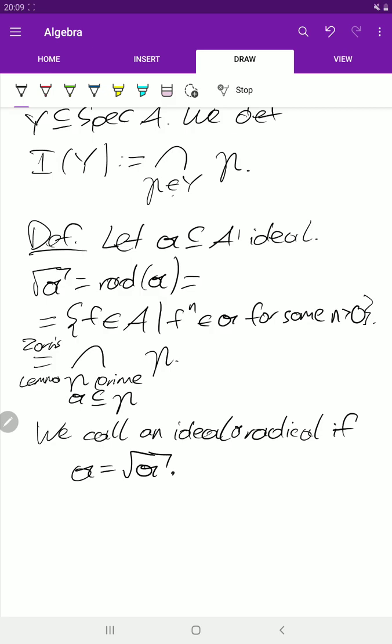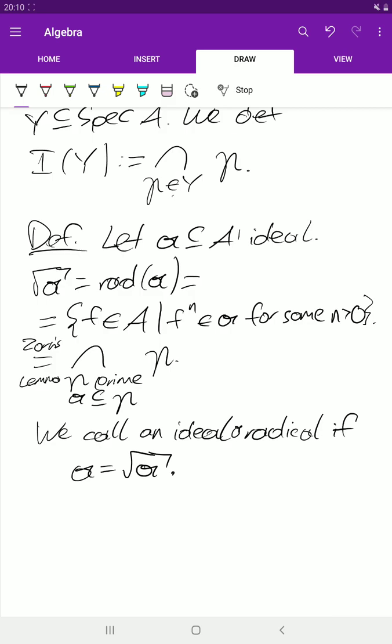Okay, I think that's it for the definitions for now. Now let's get into the properties of the ring and algebraic properties, and then topological properties of the spectrum.